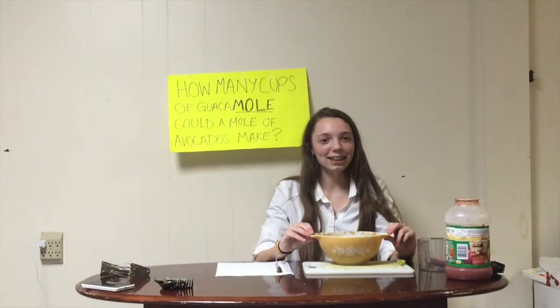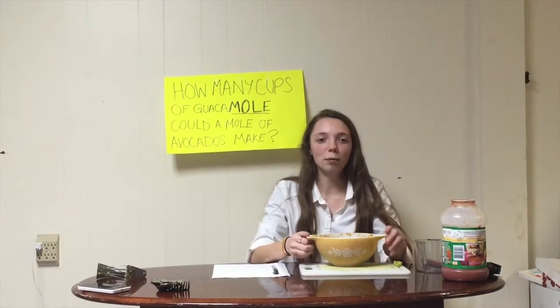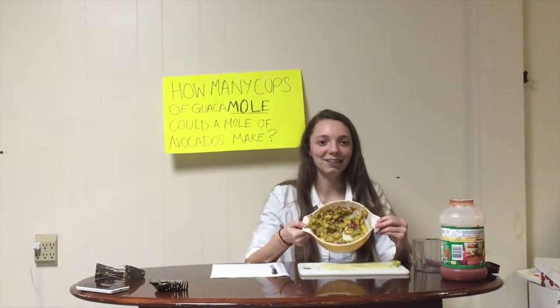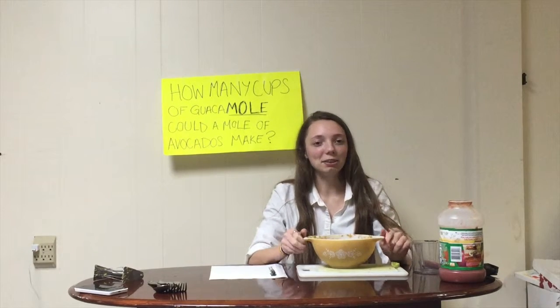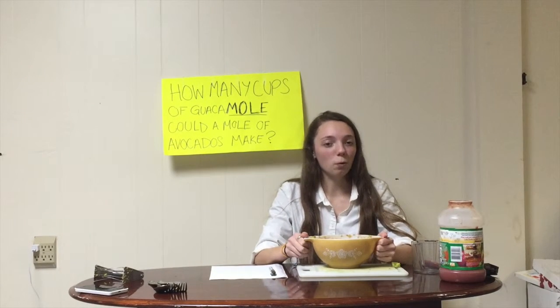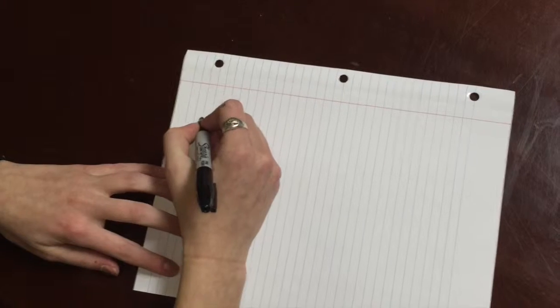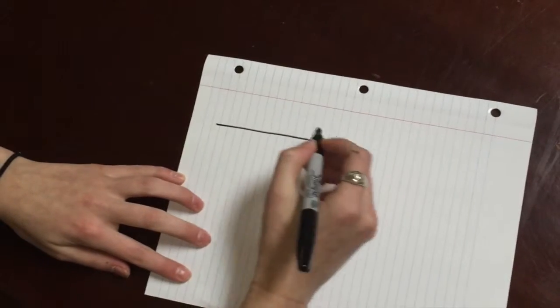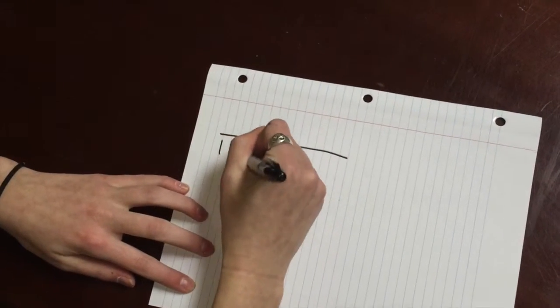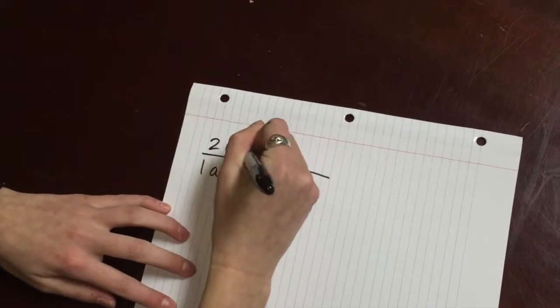We have determined that we made 2 cups of guacamole from our 1 avocado. Now, how much guacamole do you think we could make from a mole of avocados? So, we have determined that 1 avocado makes 2 cups of guacamole.